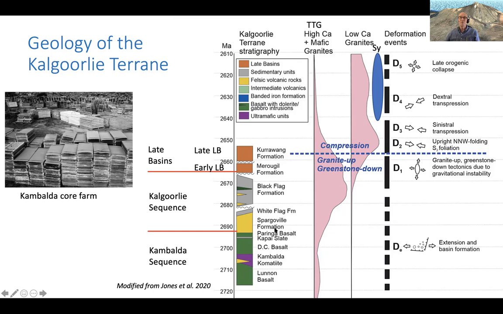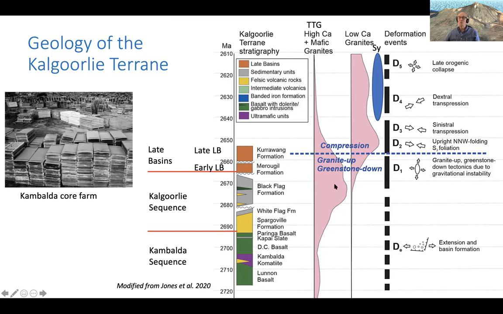It's overlain by the very felsic Kalgoorlie sequence, typified regionally by the Black Flag Group, beds or formation, which ranges in age from about 2690 to about 2665 million years. And that's then succeeded by the younger late basin succession consisting of two subdivisions, the older Merougil formation and the younger Currawang formation and correlatives. And the age range of the late basin sequences is from at least 2665 to less than 2658 million years.